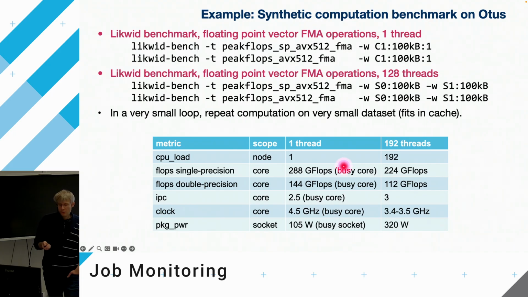And what we can also do is run the workload on all of the threads. So the same thing in parallel on all of the 192 threads. And what we see here is that package power is way higher. It's using a lot of power to do the calculations. But the clock is lower because now all of the cores are busy.